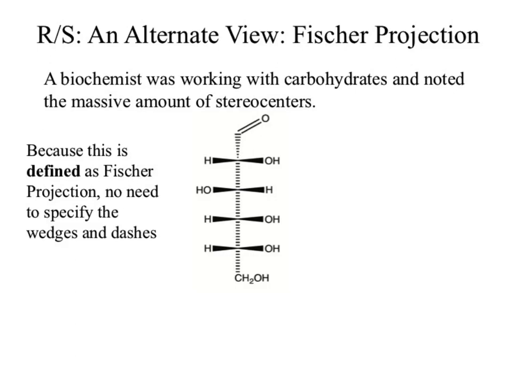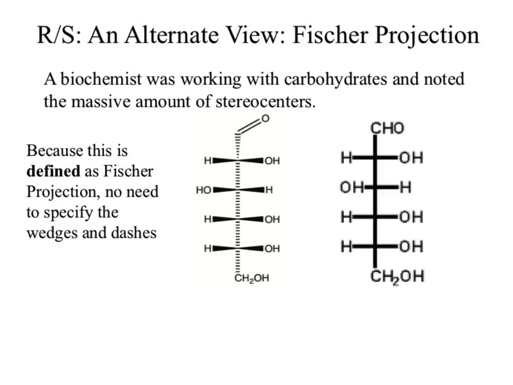I'm now a Fischer projection. And because I know I'm in this orientation, all of those dashes are now part of the definition. All of those wedges are part of the definition, which means I don't need to show them. And I can simplify my structure down now into just this kind of fishbone-ish looking diagram.